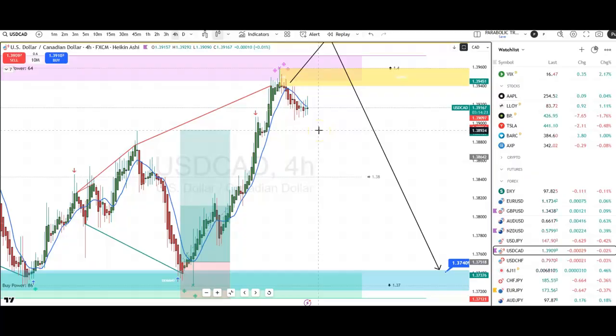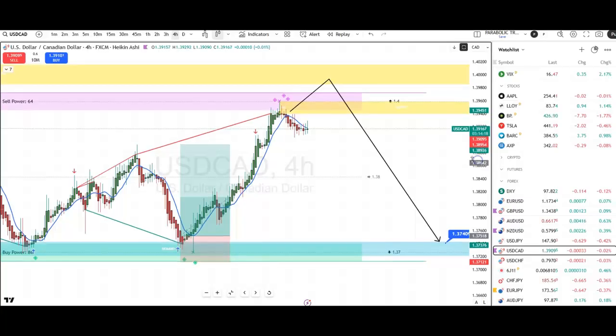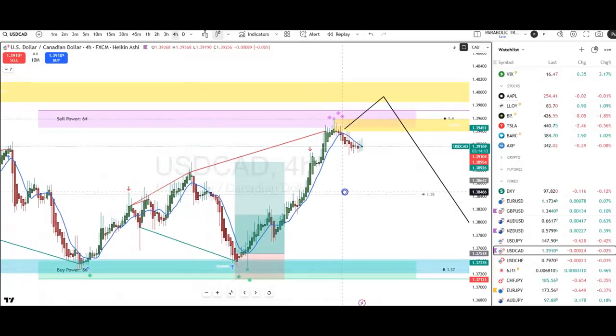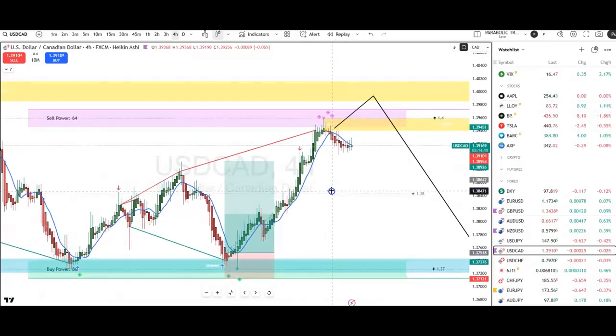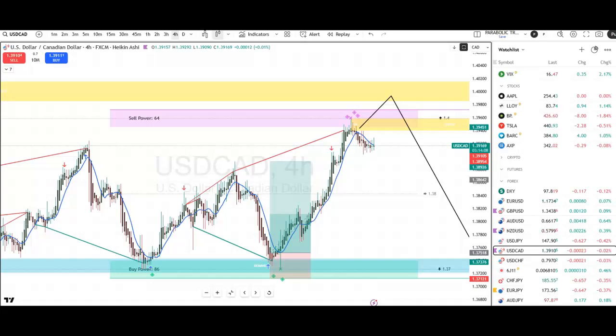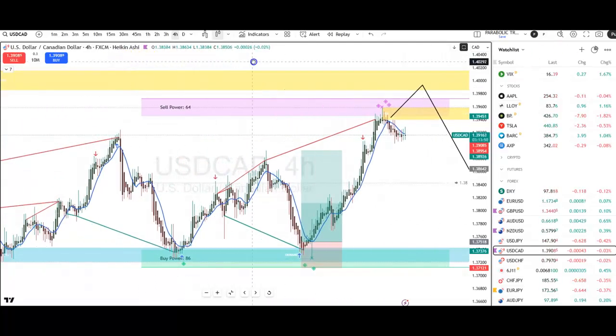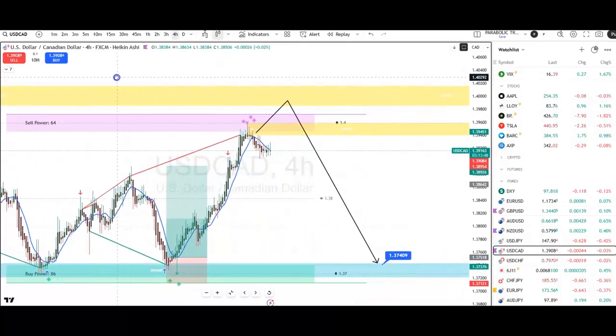Now, one of the things I do want to discuss with you today is major signals or major areas of interest. In this case, high supply areas. What I mean by this is we've got two areas of supply. This is one area of supply, but this is weaker than this area of supply, because this area of supply is much stronger because it's going back many months, probably 6 months.